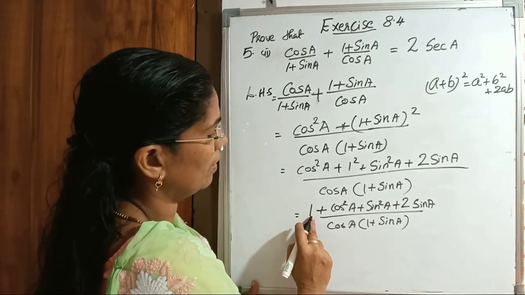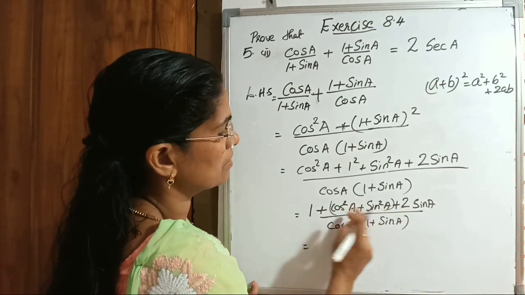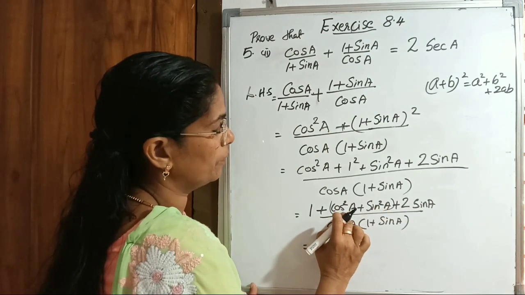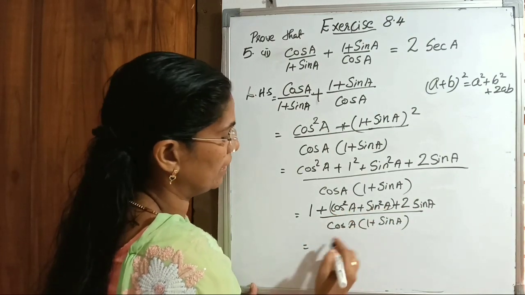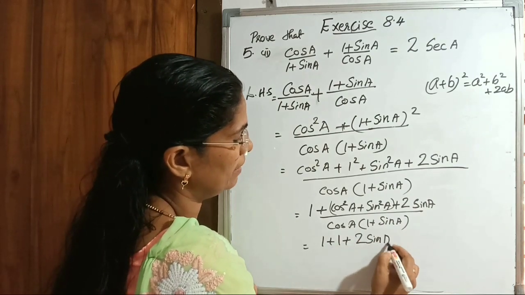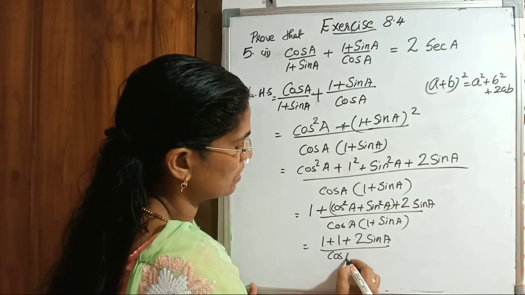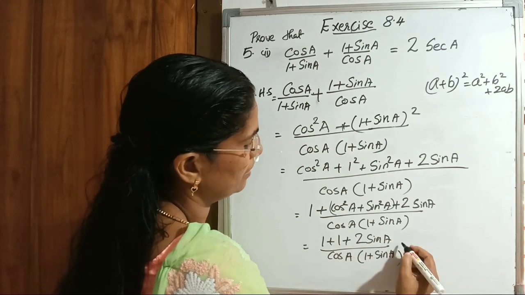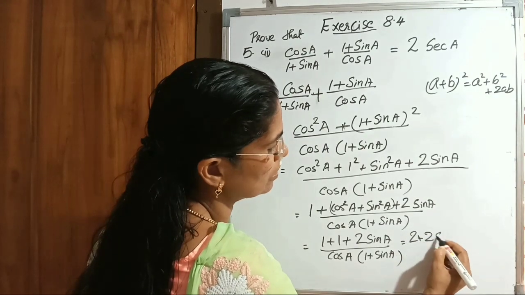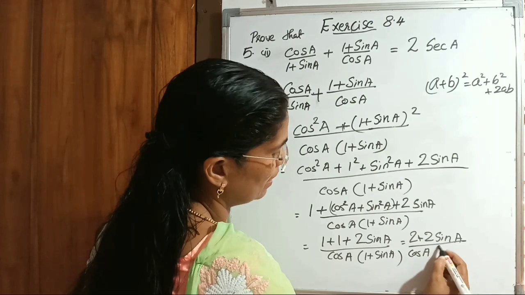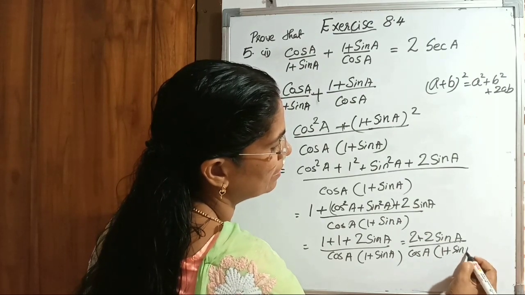Now look here, 1 and this term, using trigonometric identities, sin square a plus cos square a is 1. So 1 plus 1 plus 2 sin a divided by cos a into 1 plus sin a. That is equal to 2 plus 2 sin a whole divided by cos a into 1 plus sin a.